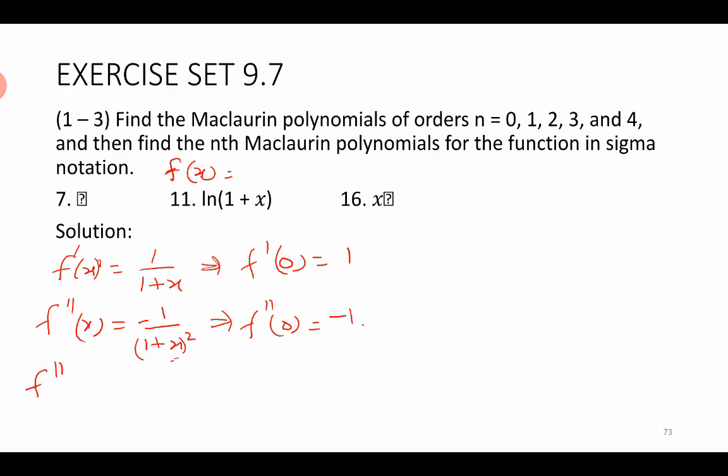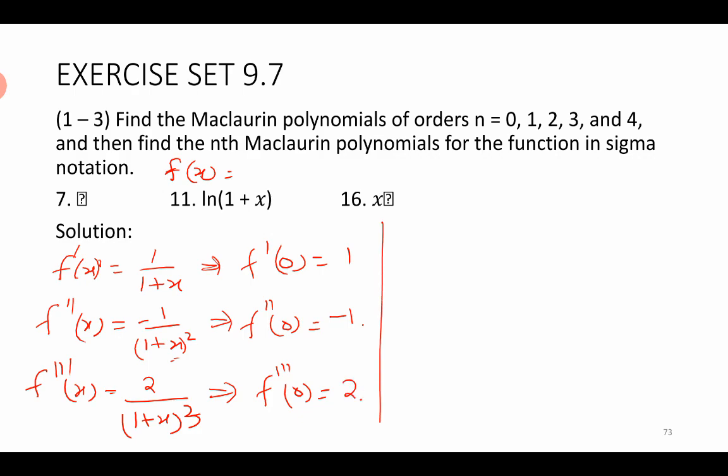F third derivative of x is 2 over (1 plus x) whole cube. The third derivative at 0 will give you 2. And the fourth derivative I am writing here. Fourth derivative of x is minus 6 over (1 plus x) to the power 4.